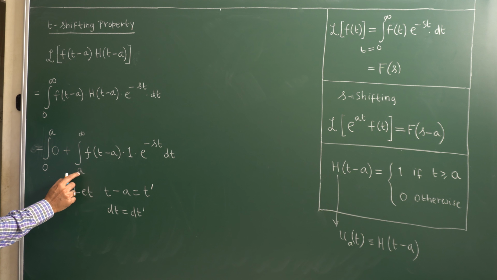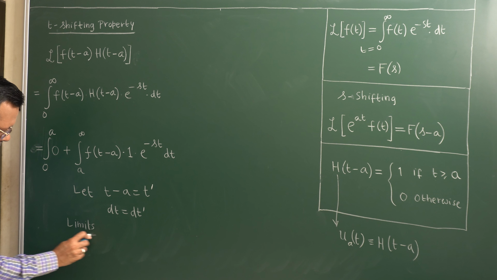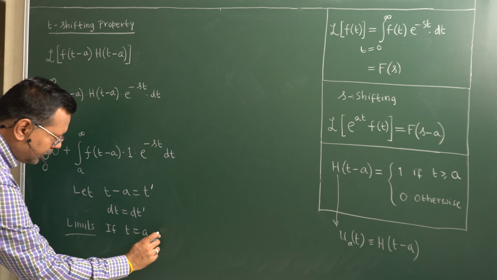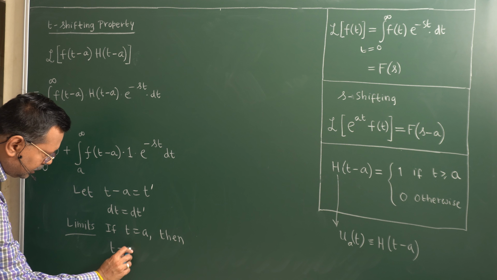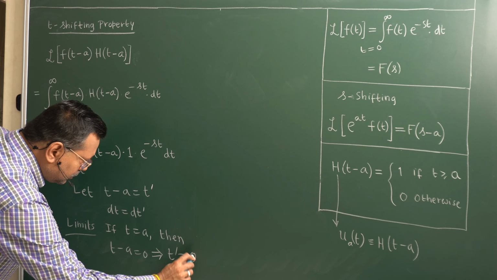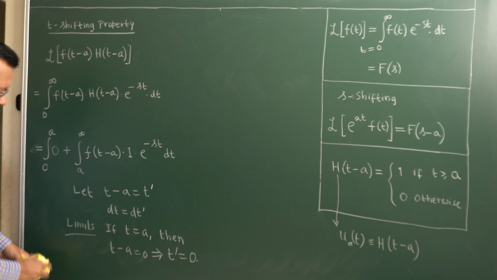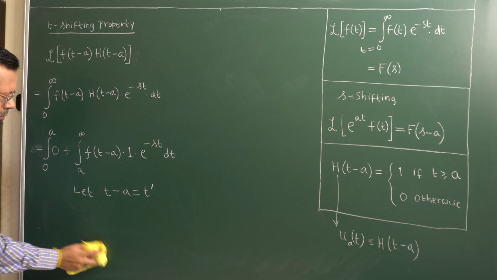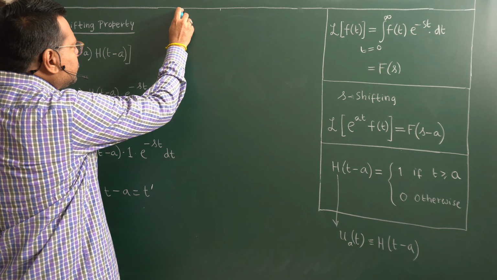And for the limits, it is clear. If t equals a, then you have t minus a equal to 0, which means t prime equals 0. So maybe if that is not clear, I would like to write it down here. You have t minus a equal to t prime.